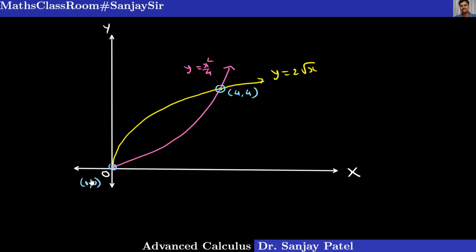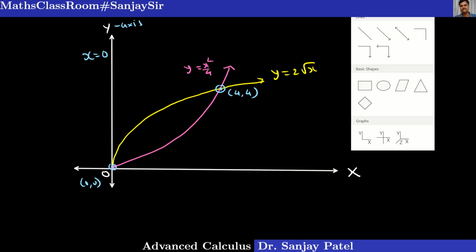Further, the region of integration is the area which is bounded between the four curves. One is x equal to 0, that is the y-axis. The y-axis equation is given by x equal to 0. Another is the line x equal to 4.